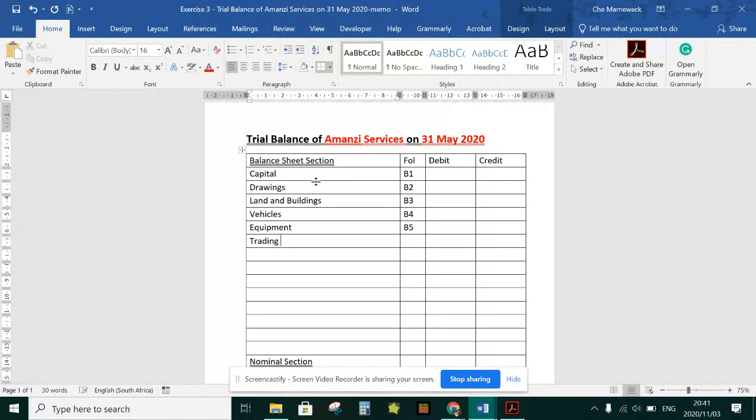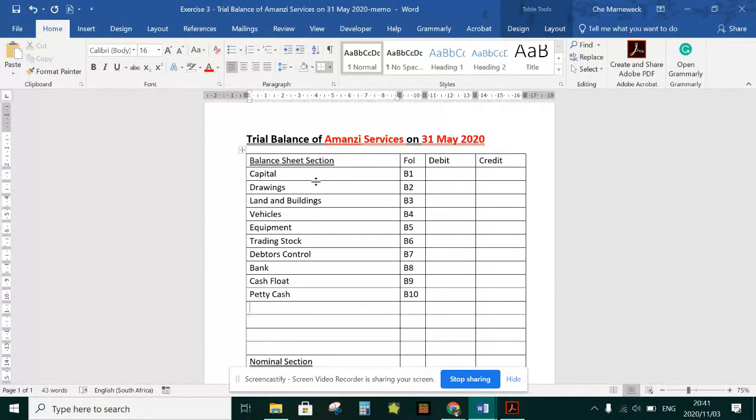Trading stock B6. Debtors control B7. Bank B8. Cash float B9. Petty cash B10.